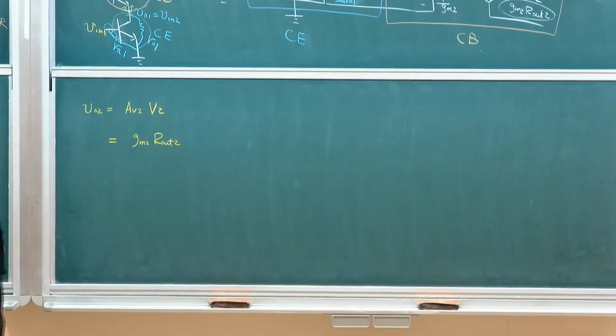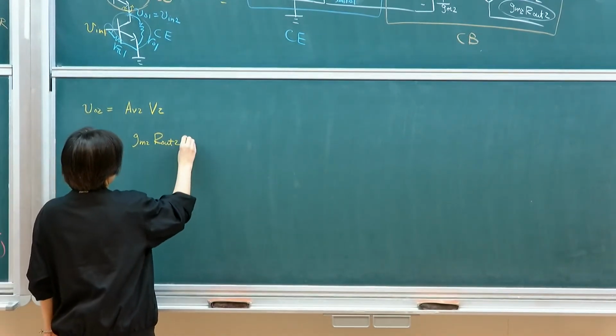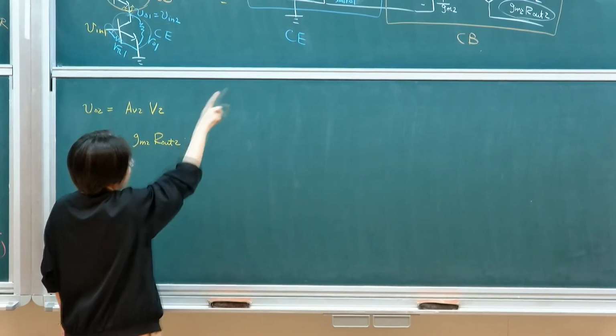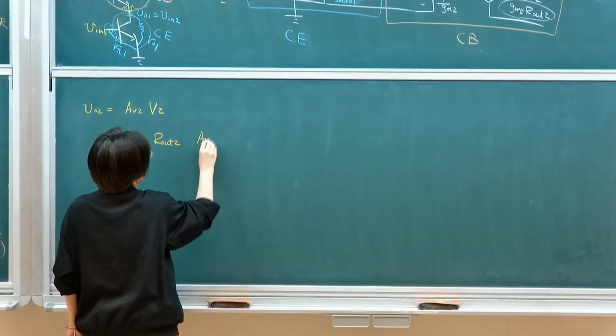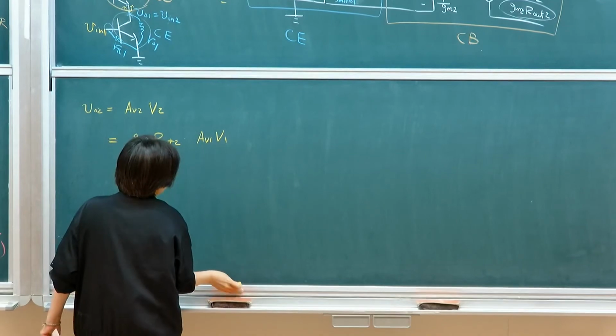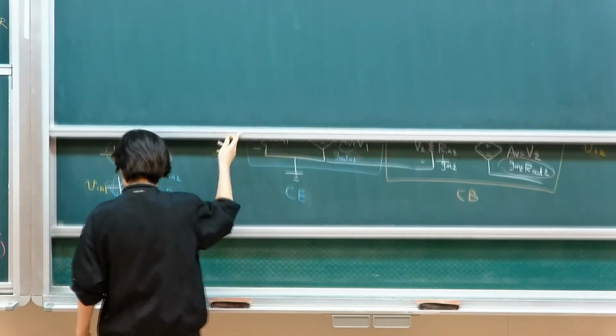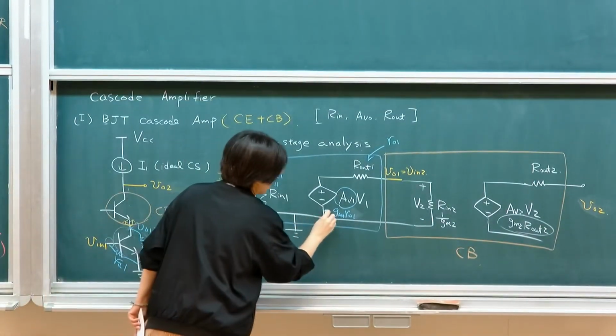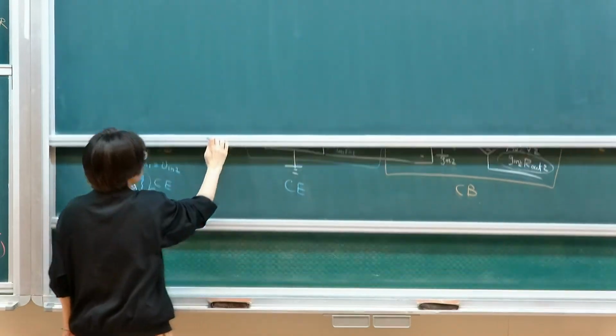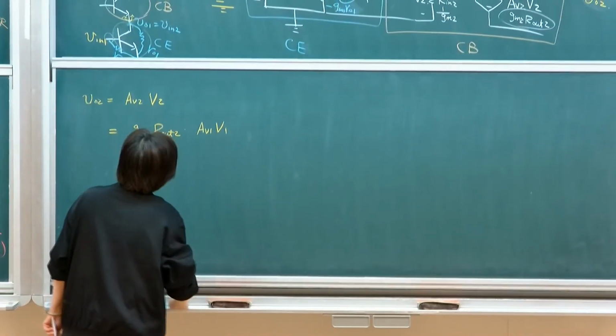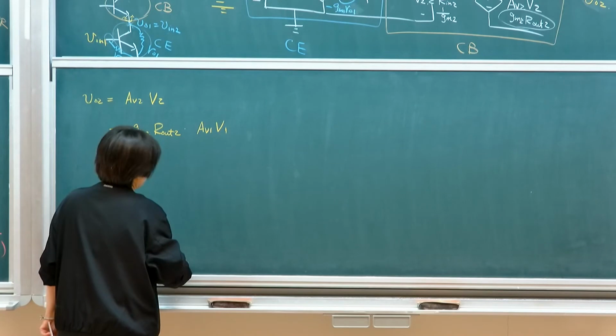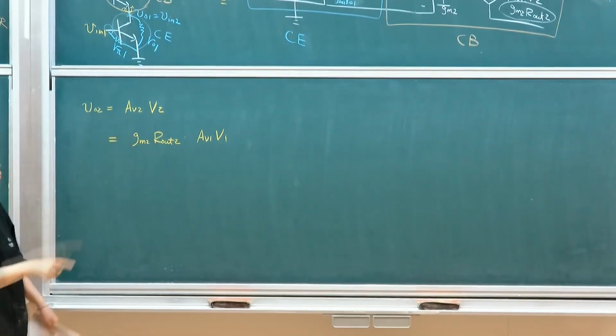And then times V2. So V2 is a voltage divider, which is Av1. So there should be a minus sign in front. I'm losing this minus. And what is V2?